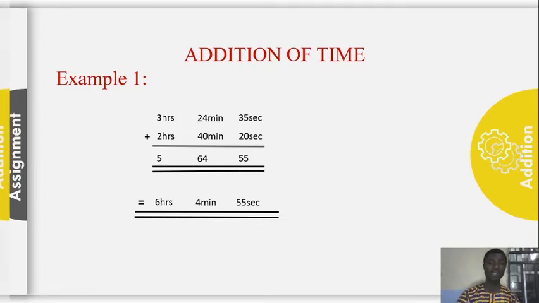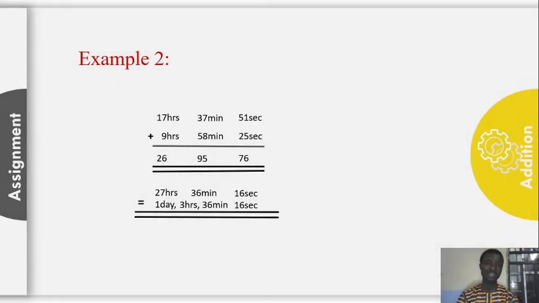Now let's move over to the next one. The next one is 17 hours, 37 minutes, and 51 seconds, plus 9 hours, 58 minutes, 25 seconds. So let's do our addition. 1 plus 5 gives you 6. 5 plus 2 gives you 7, which is 76 seconds.